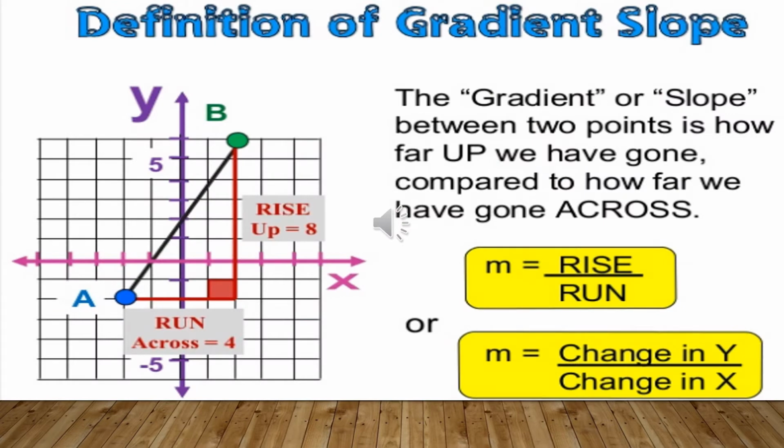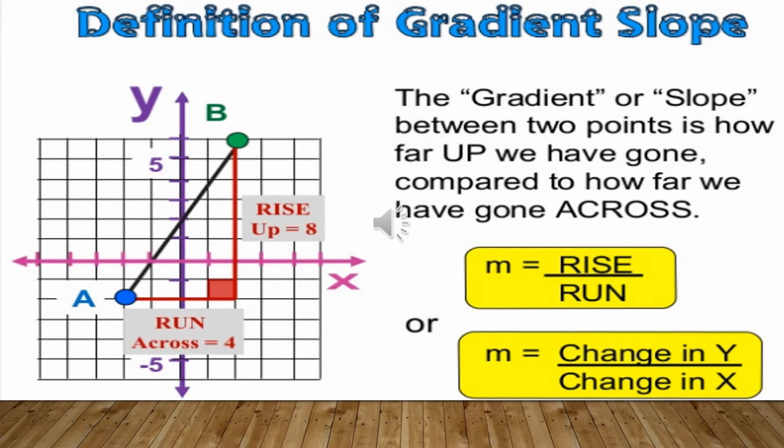As we have discussed before, the gradient or slope between the 2 points is how far up we have gone compared to how far we have gone across. It means that with the help of this diagram you can easily calculate the slope.